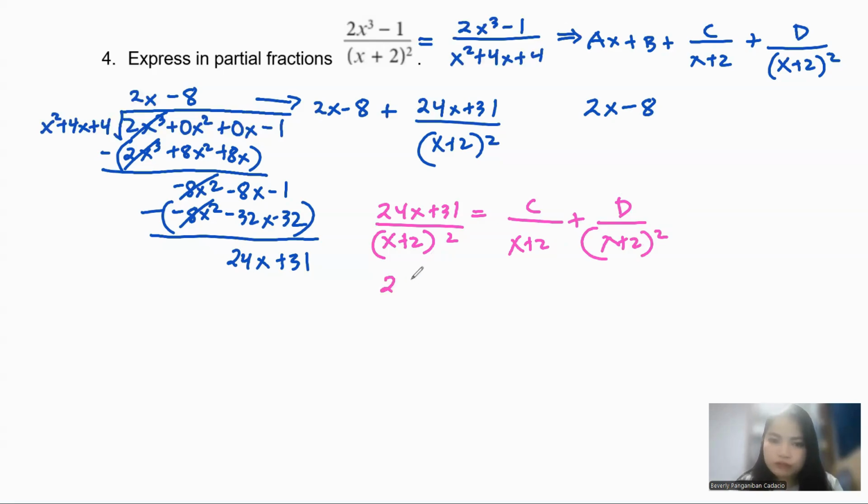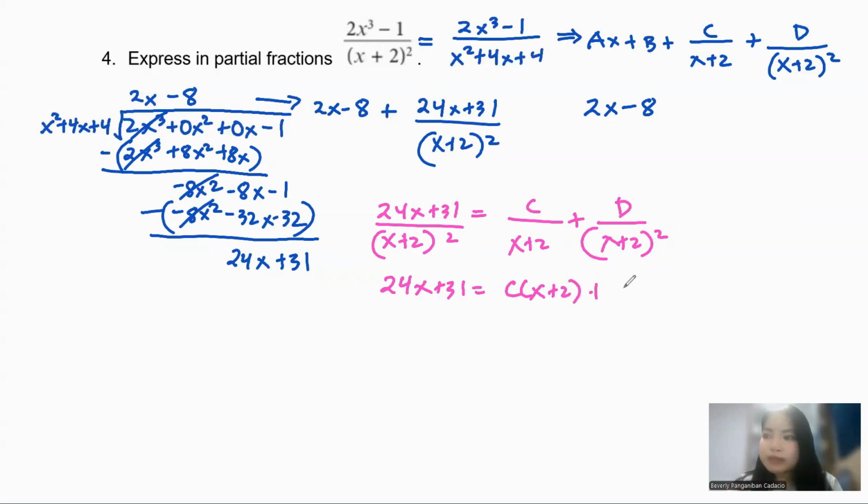And you're going to have 24x plus 31 equal to, see, I need to multiply C to the single one, because you're going to look here versus this one. You need to multiply C by whatever is not there in the denominator. You already have x plus 2 there, but you still need one more, so you're going to multiply C to the single one.